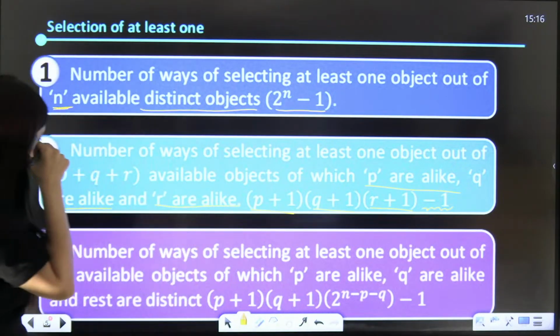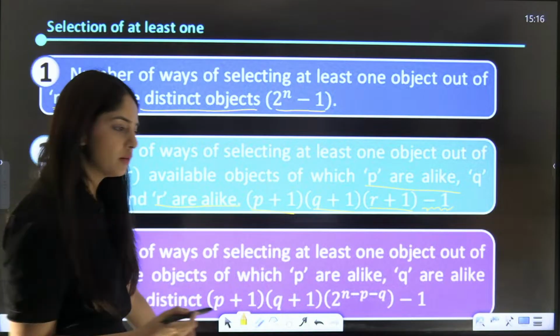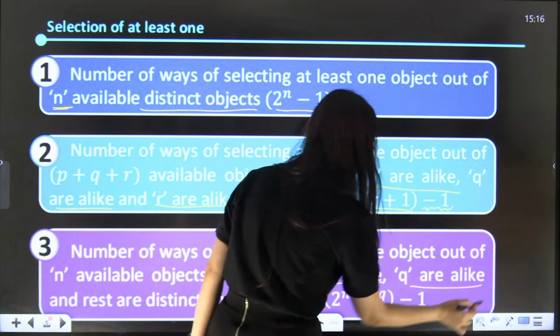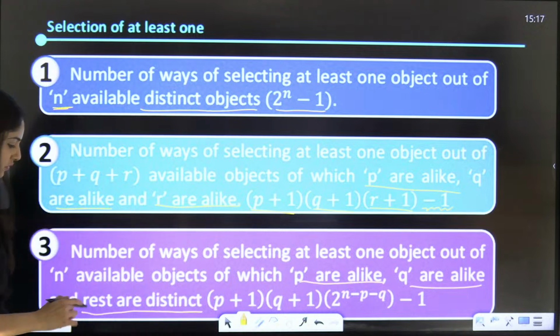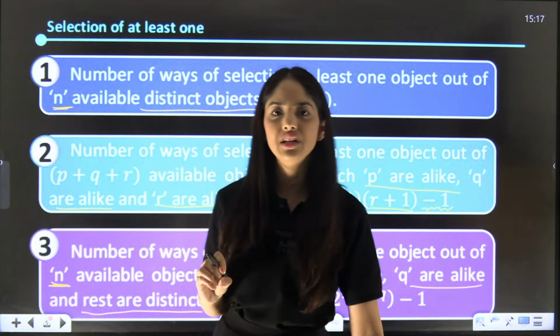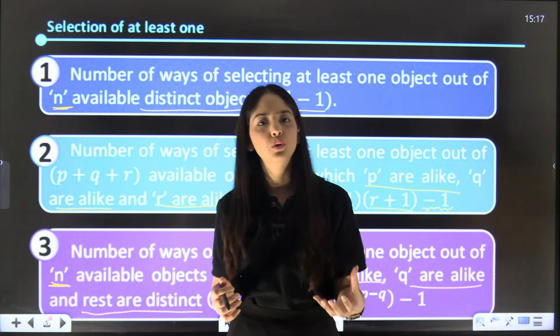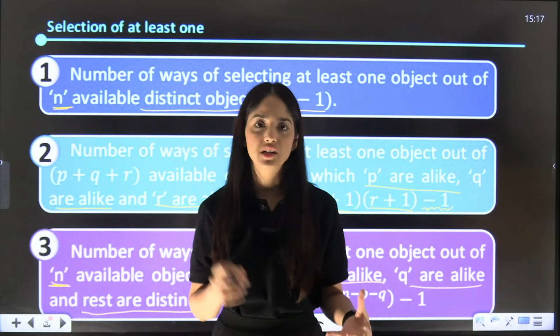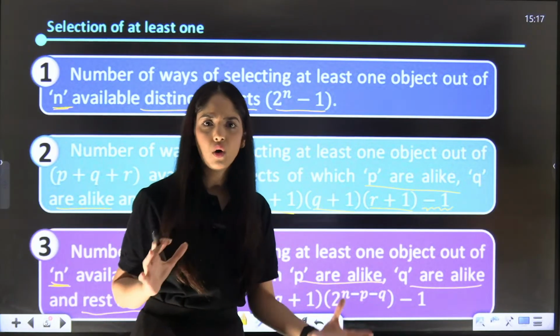Now let's combine the two. What if we have p objects of one kind, q objects of second kind, and the rest are distinct? We in total had n objects, and we have to select at least one. So we have p of one kind, q of second kind, and remaining n minus p minus q, which are all distinct.